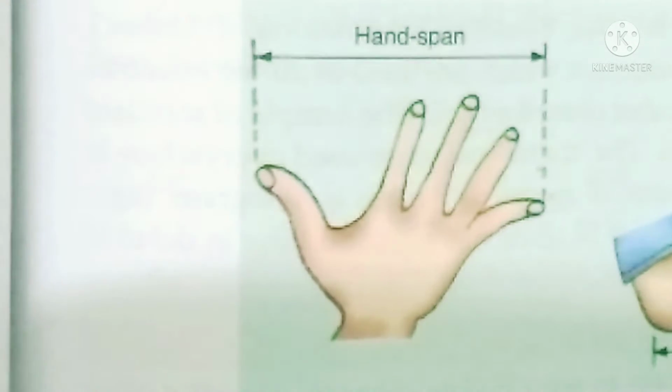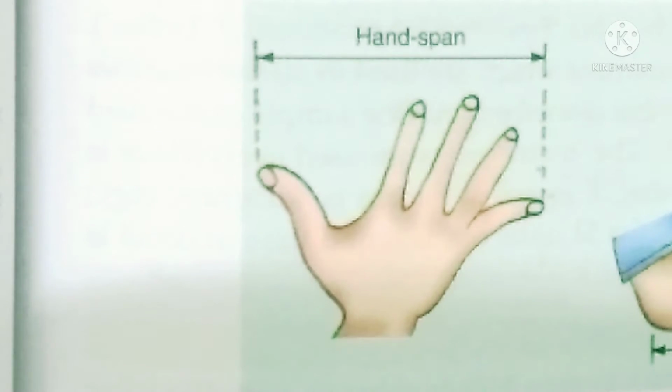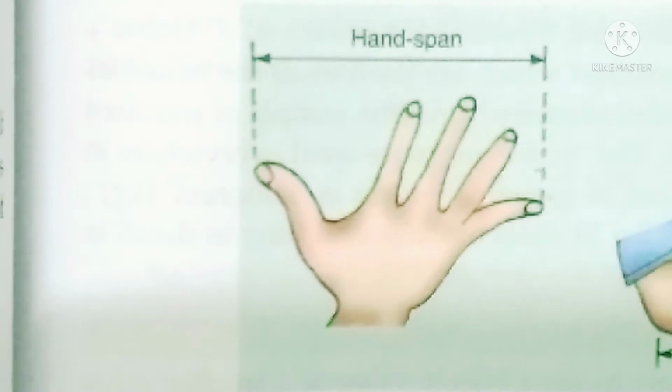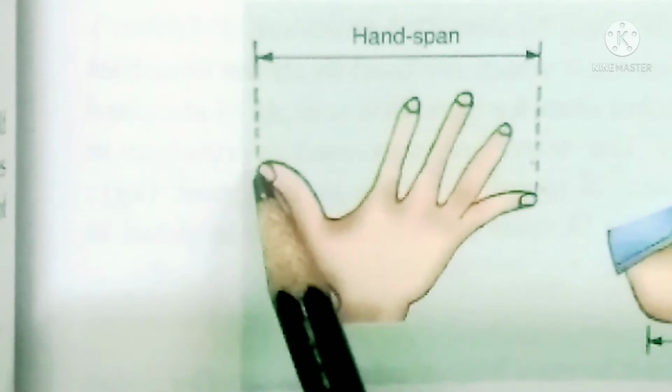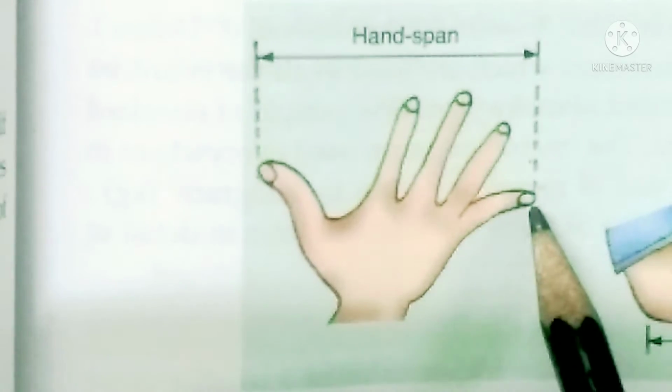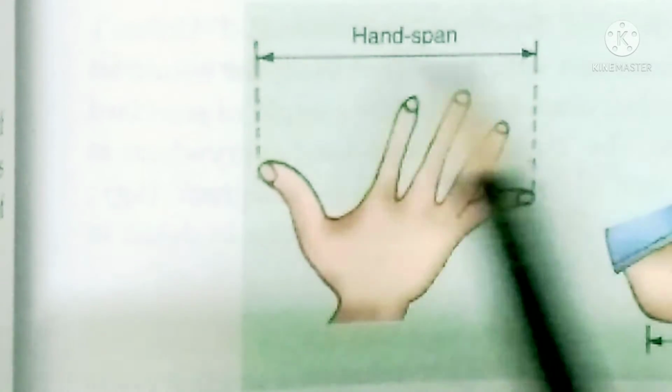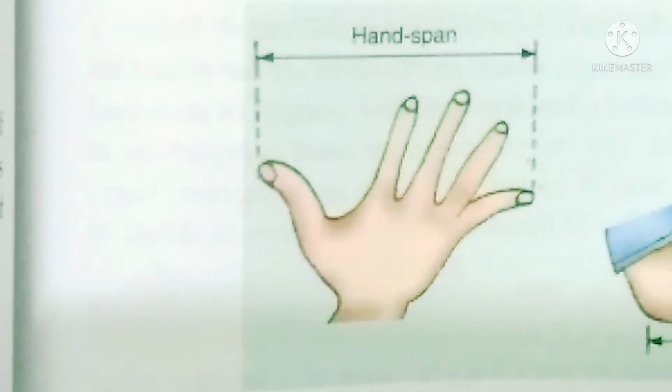What they used is the hand span for measuring. What is a hand span? As shown in the figure, the distance between the tip of the thumb and the little finger. This distance is called a span.